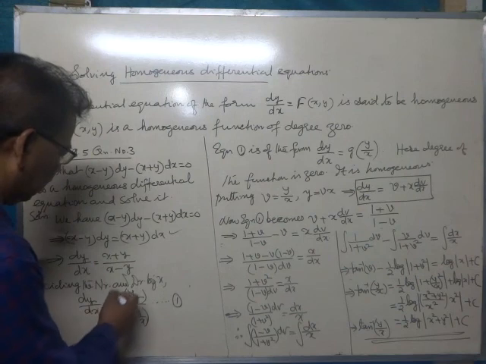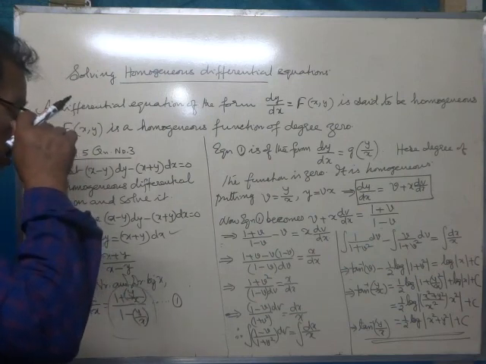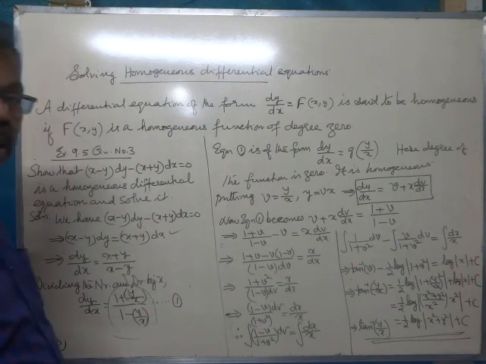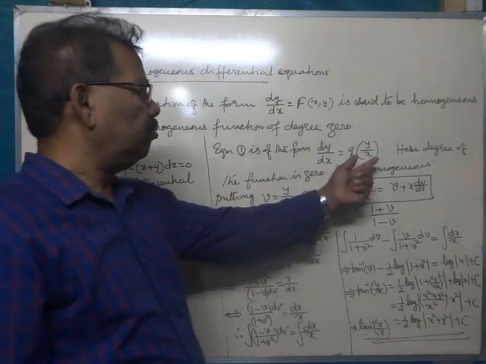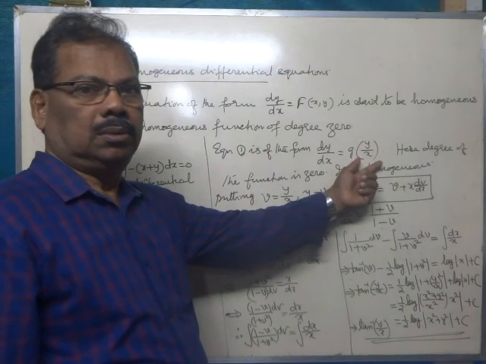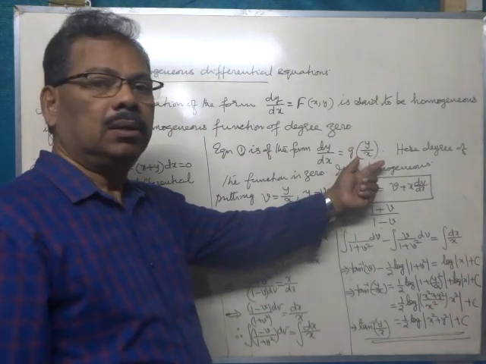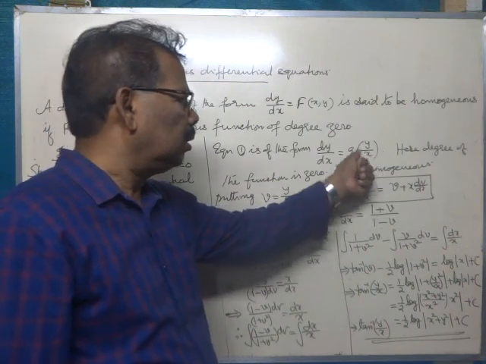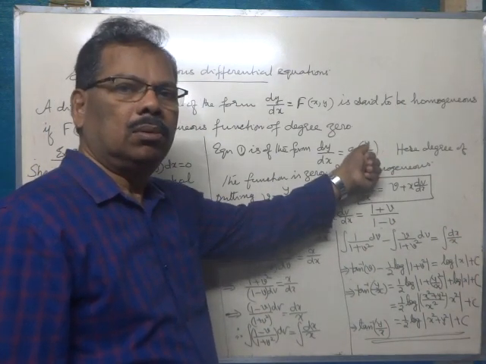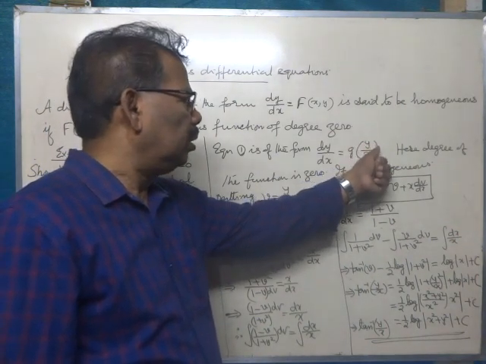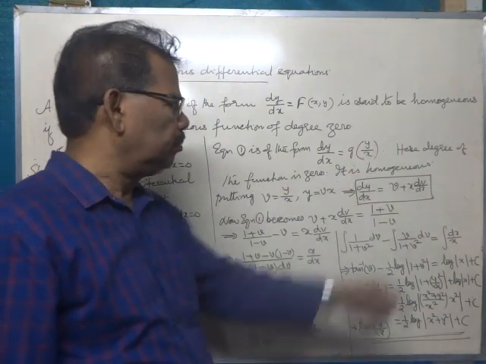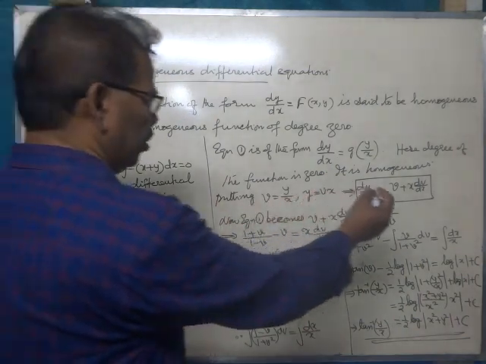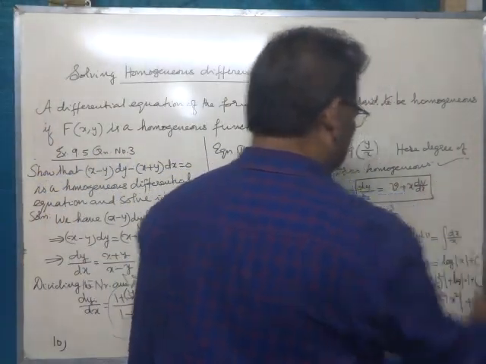And the right side can be expressed as g of y by x, a function of y by x. Here the degree is 0: y raised to 1 by x raised to 1, 1 minus 1, 0. Here the degree of the function is 0, it is homogeneous. First part is over.